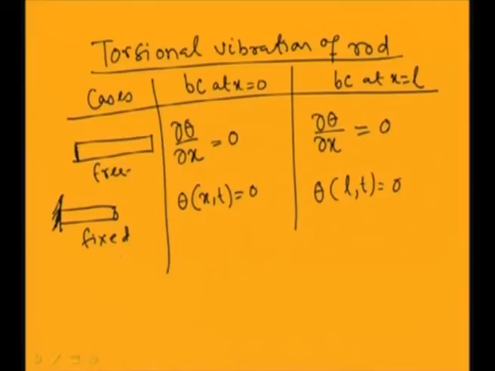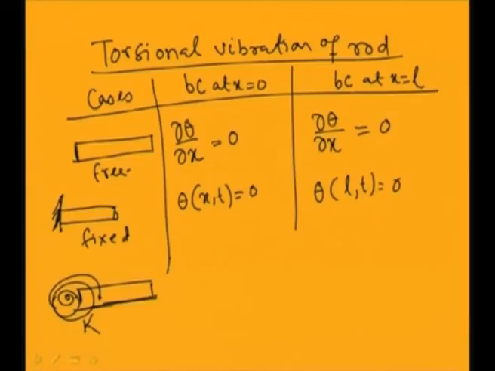Similarly, I can have other boundary conditions. Let me put a torsional spring with stiffness k. In this case the torque at the left end will be balanced by the force exerted by the torsional spring.